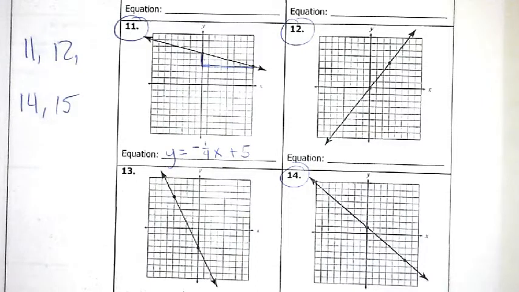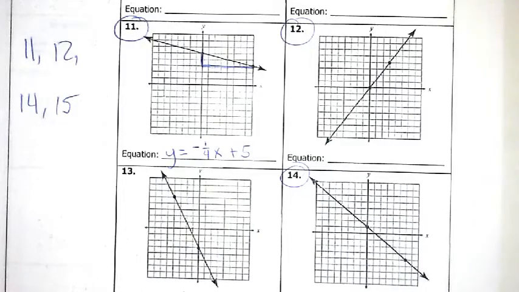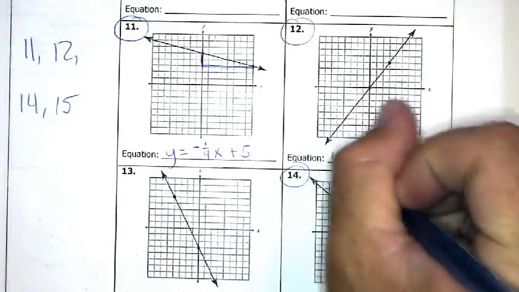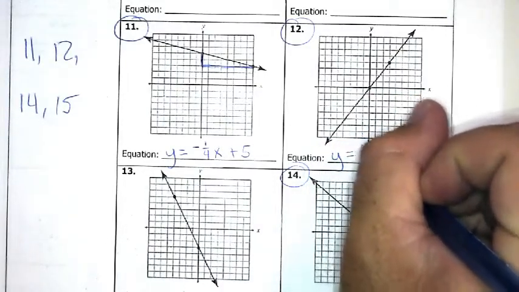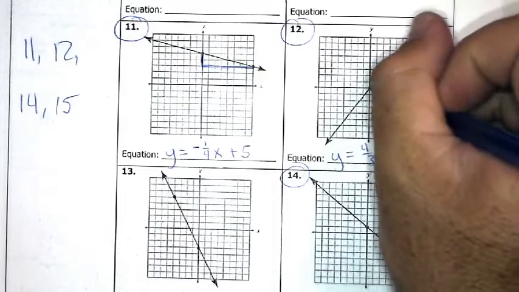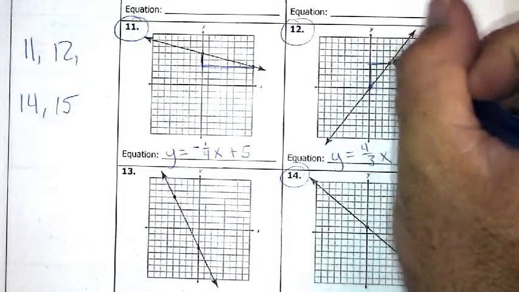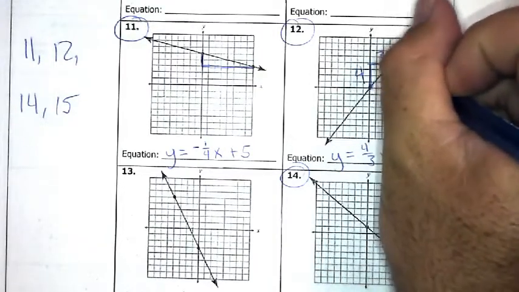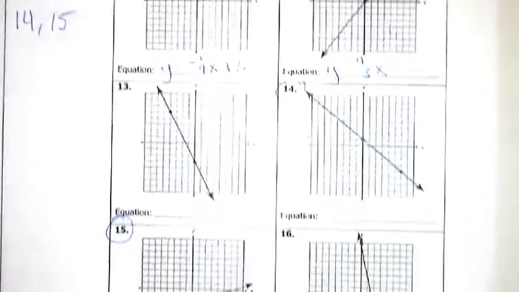Y equals 4/3 x. Good. Okay. Who would like to go up to the board and show 14? Corbin. When you go up there, can you also erase what you have for 11 and 12? Because I'm going to have it rewritten anyway. There you go. All right, now show us 14.